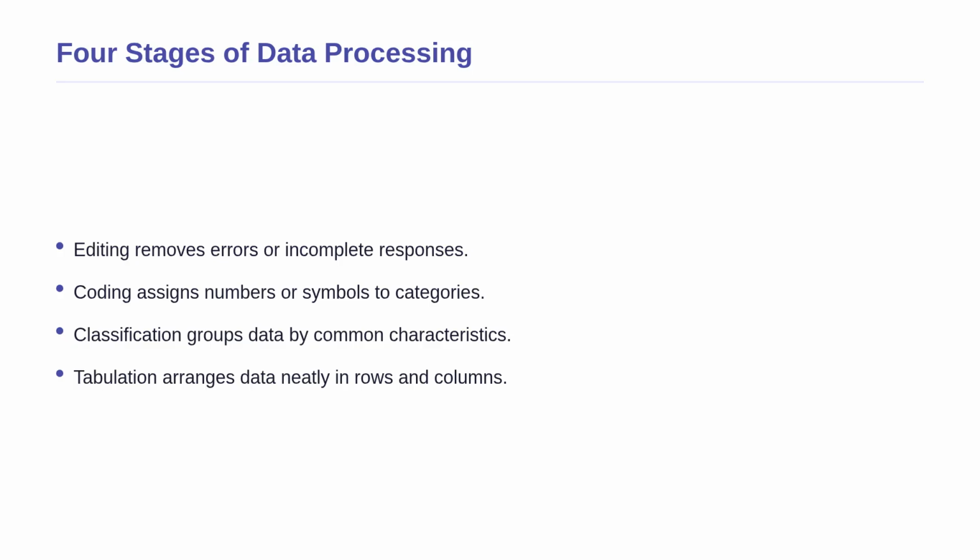Building on that grocery analogy, let us break down the actual data processing phase into 4 critical stages. First, we have editing, where we act as a filter to remove any errors or incomplete responses from our dataset. Next is coding, which involves assigning numbers or symbols to different categories to make them easier to handle.